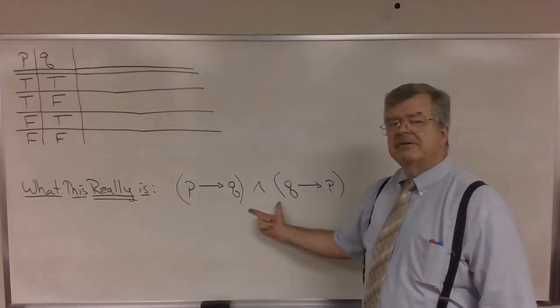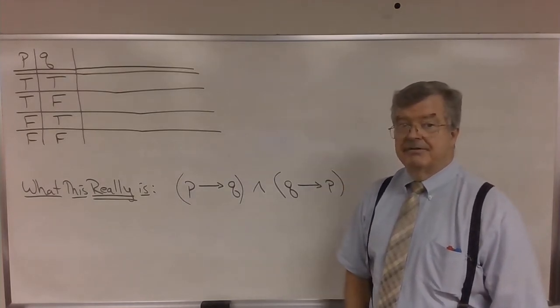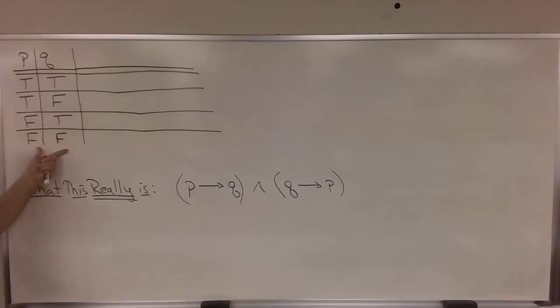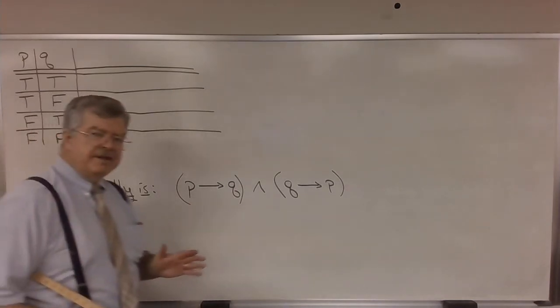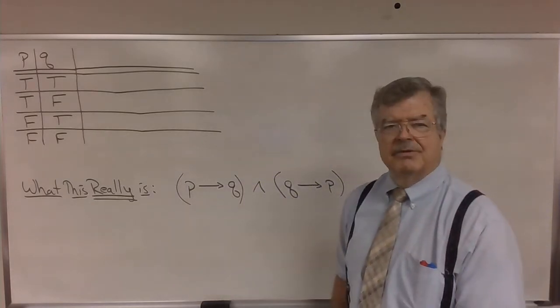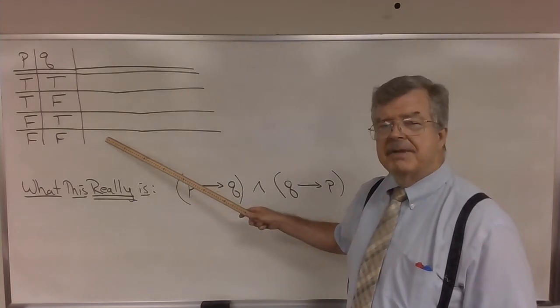So our compound statement is made up of only two simple statements. So we prepare our table by listing every possible combination of truth values for the two statements P and Q. And we always do this the same way. And the reason we do this the same way is so that anybody else who knows truth tables can look at the truth table and understand immediately what we're doing.